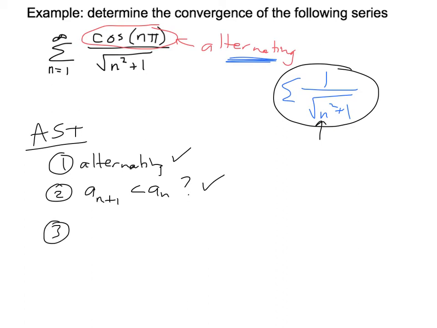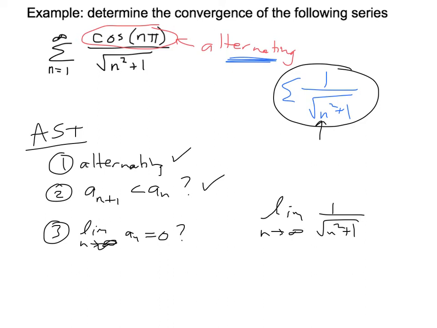Your third step, is it true that the limit as n approaches infinity of a sub n is 0? Is that true? And so we should take a look at this. We should look at what is the limit as n approaches infinity of 1 over the square root of n squared plus 1. Remember, we really don't pay attention to the alternating part. We're just talking about the non-alternating part. Is that turning into 0? And this, again, is pretty clear.